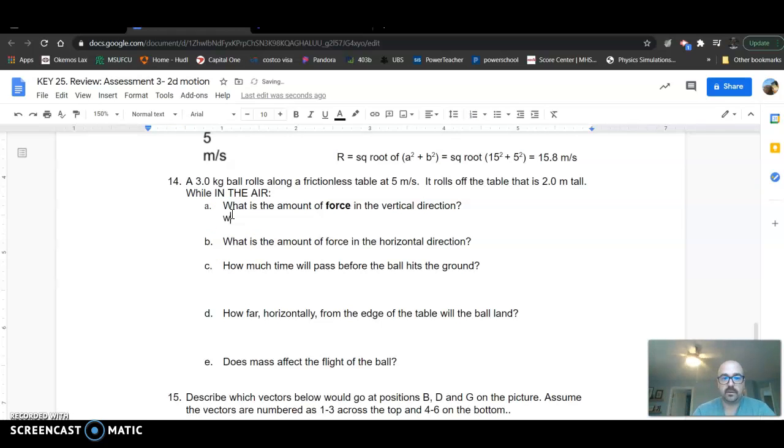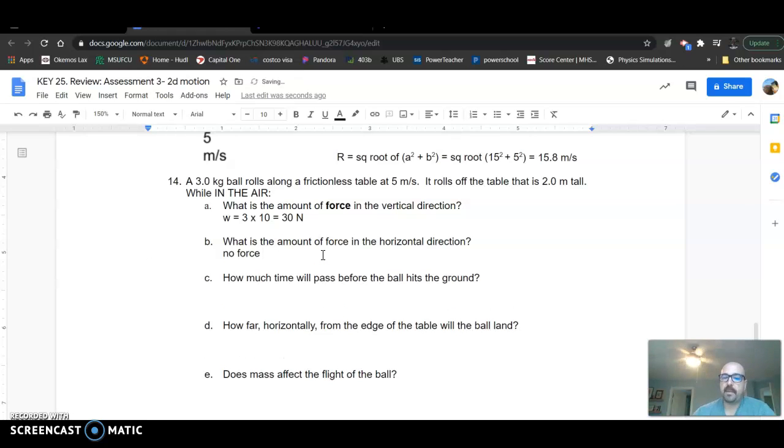So the weight of that ball is 3 times 10 equals 30 newtons. And then the force in the horizontal direction, key thing, the velocity stays constant, which means there is no force in the horizontal direction. So not a math one, but a conceptual one, which is why that velocity stays constant.